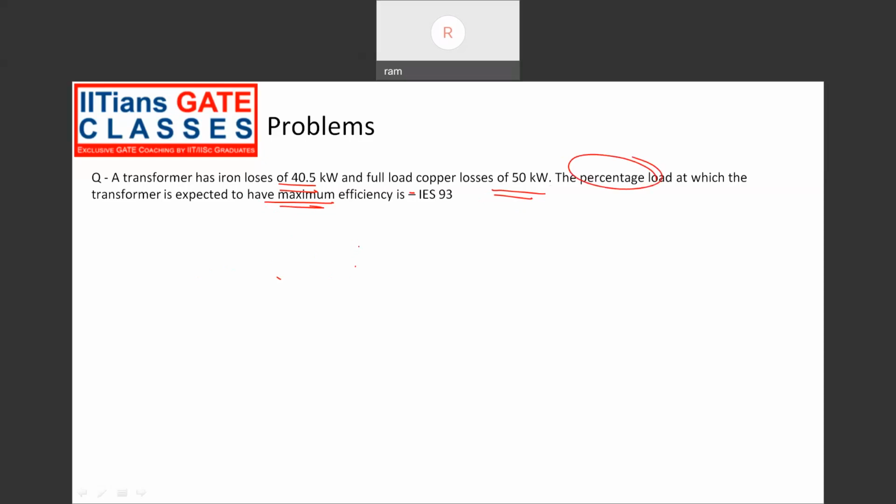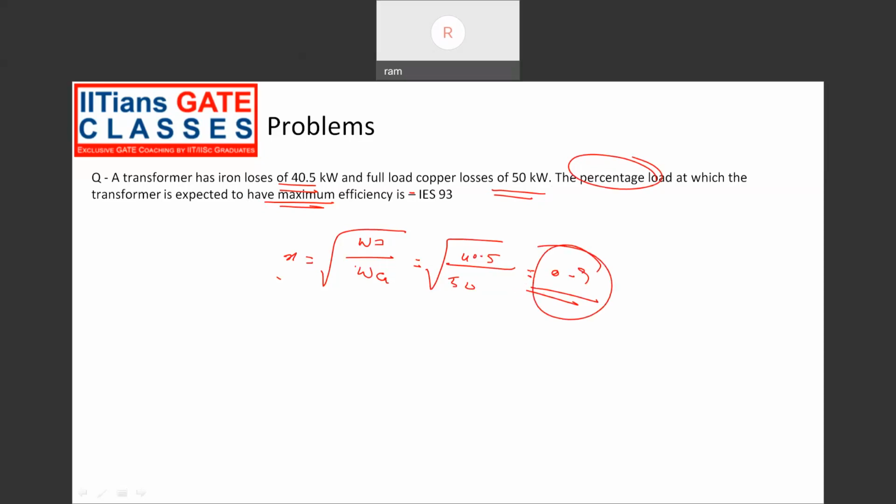So we have a formula that the efficiency is maximum at x fraction of full load, and that x is given by square root of iron loss by copper loss. So that is equal to square root of 40.5 by 50. So that is 0.9. So maximum efficiency occurs at 0.9 times full load. That is 90 percent of full load.